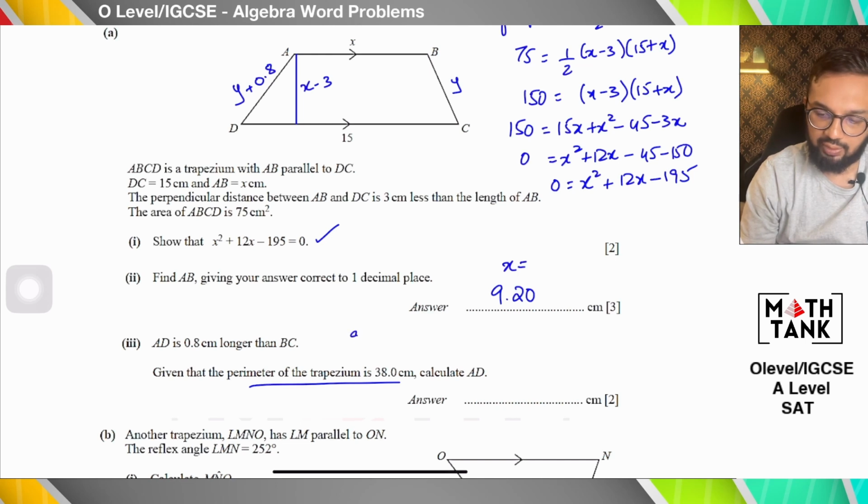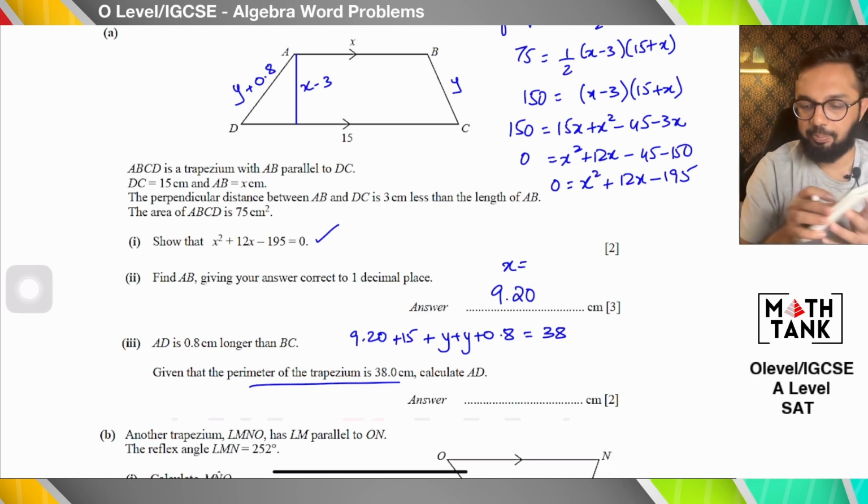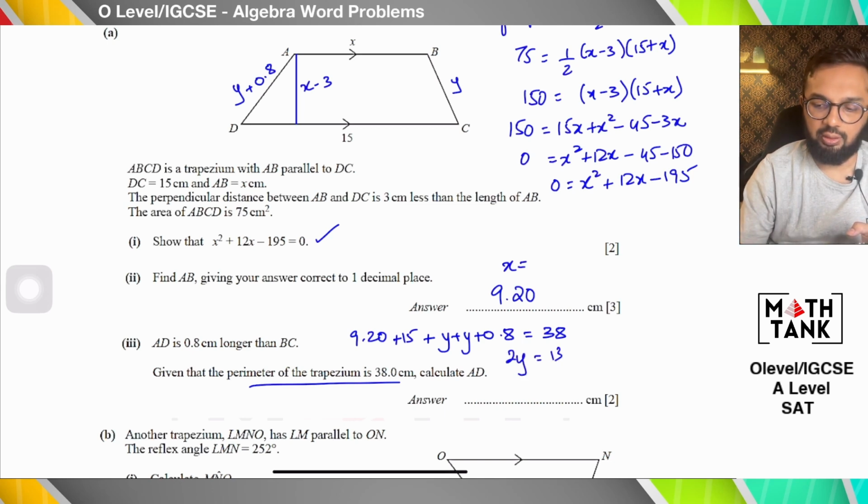So I have 9.20 plus 15 plus y plus 0.8 equals 38. So 2y equals 13, y equals 6.5.